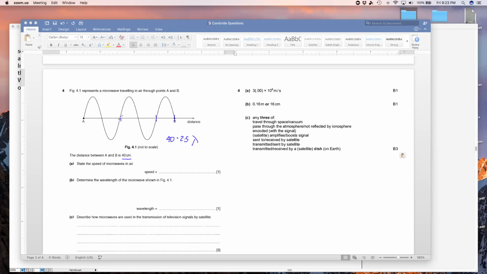Again, that's 1 lambda, that's 2 lambda, and from here to here is a half lambda. So from here, we can get that lambda is equal to 40 cm over 2.5. The calculation suggests that that is 0.16 meter or 16 centimeters. Easy.